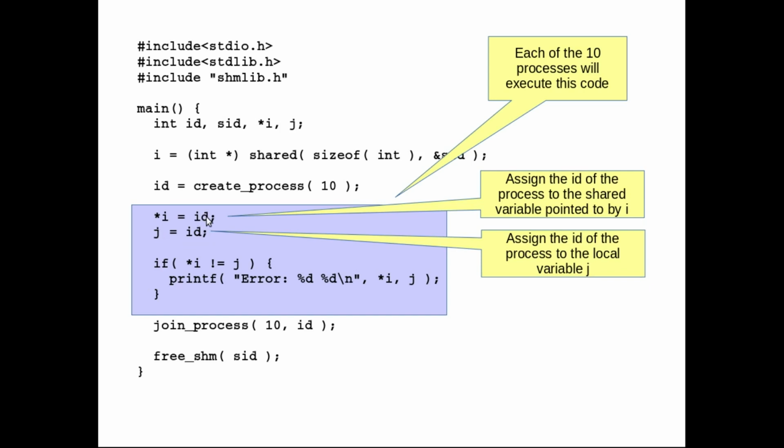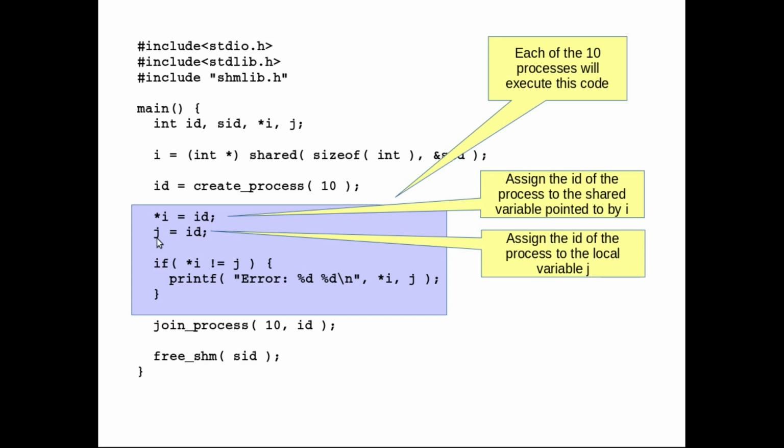The first value ID will get stored in a shared variable, and we know that there is only one shared variable that will be shared by all the 10 processes, whereas in the second statement, the value ID will be stored in the private copy of j.